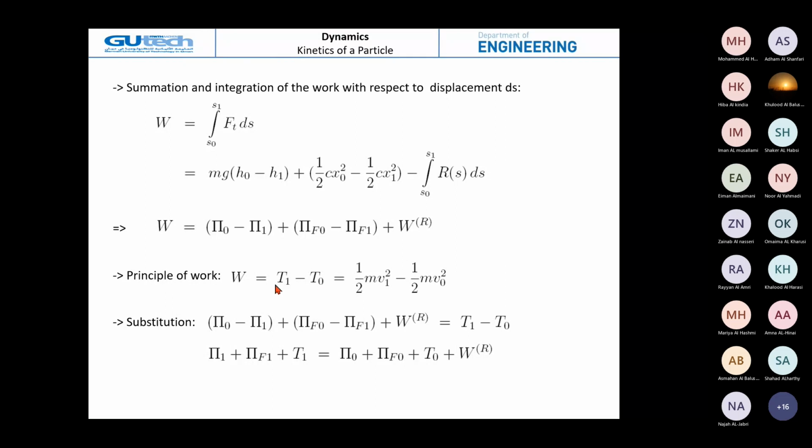The actual time has the velocity v1 and the initial time has the velocity v0. We replace everything in the expression, that means we substitute in the expression of the conservation of energy. Now, in the case of frictionless, there is no friction, and this term vanishes.